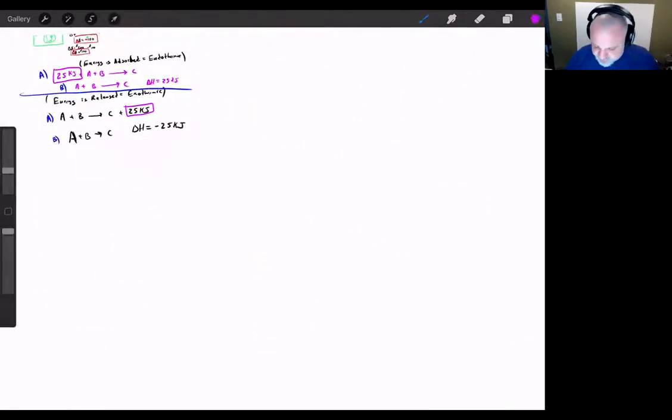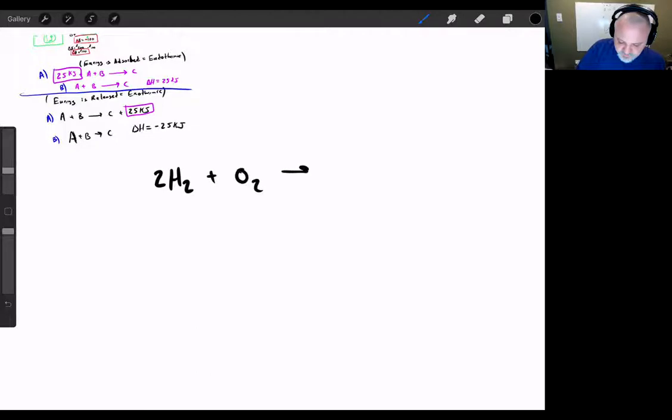And I want to say, let's take a look at the two different ways to write this thermochemical equation. I can go 2 waters or 2 hydrogens plus oxygen yields 2 waters.